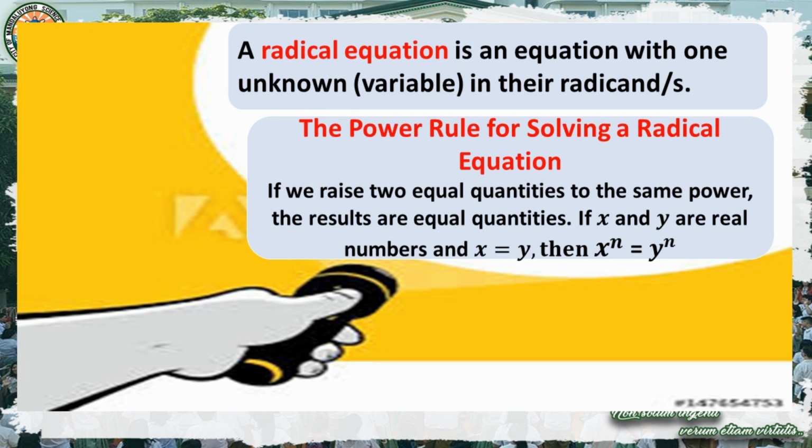And so if x and y are real numbers and x is equal to y, then x raised to the n power is equal to y raised to the n power. So it only means that if two numbers are equal and if you raise both of them to the same number, their sense of being equal is preserved.